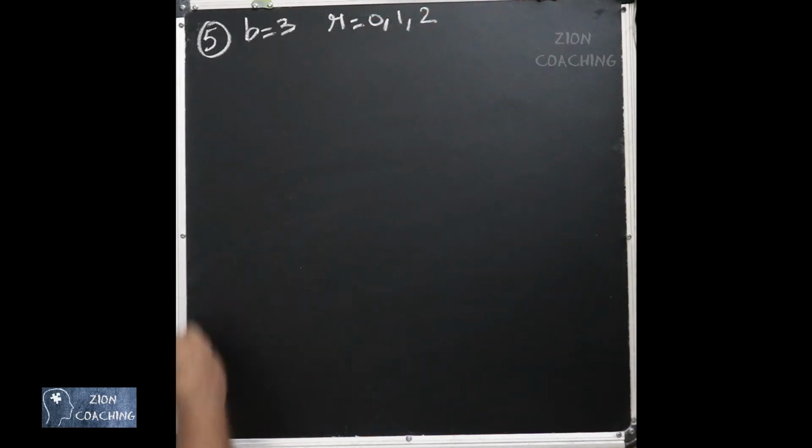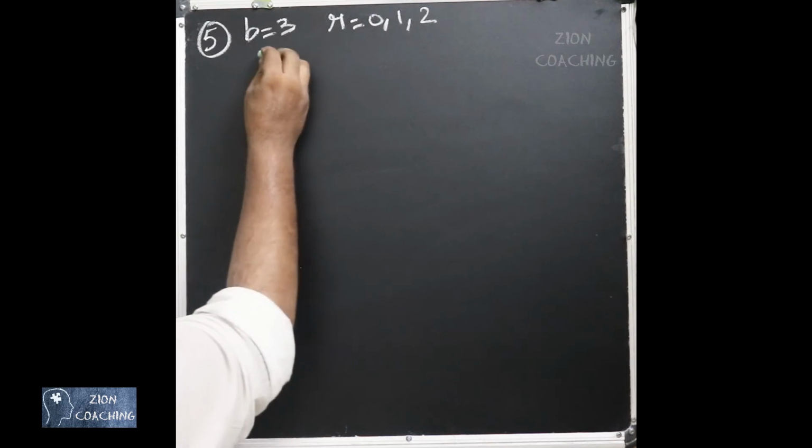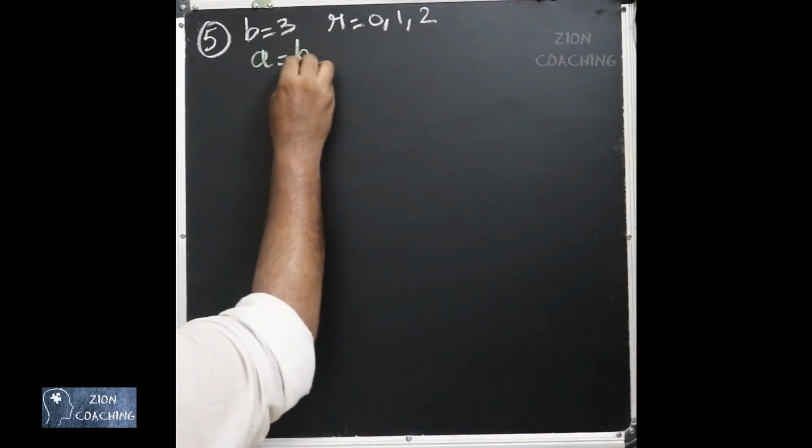Now we can write using Euclid's division lemma, a equals bq plus r.